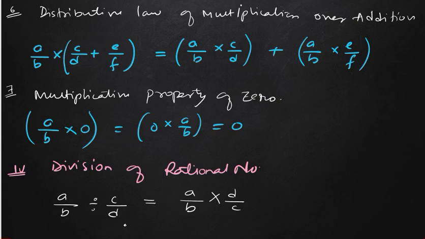How will we divide this? The first fraction, a by b, is fixed, then division is converted to multiplication and c by d gets its reciprocal. So you have to remember this. Just change the division into multiplication, and to do so take the reciprocal of c by d.